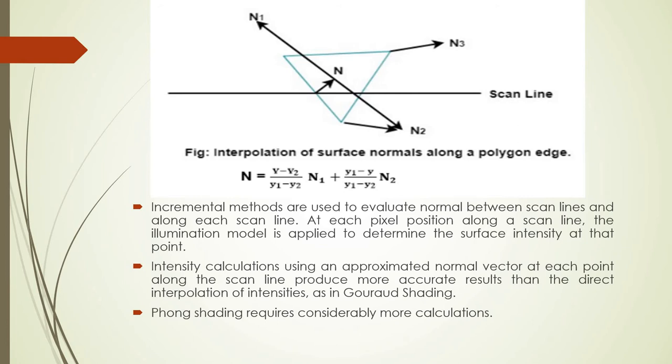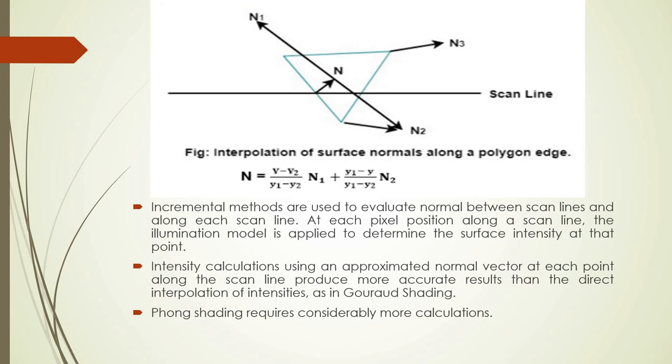The intensity calculation using an approximate normal vector at each point along the scan line produces a more accurate result than the direct interpolation of intensity as we have done in Gouraud shading. The major drawback of Phong shading is that it requires more calculation power.